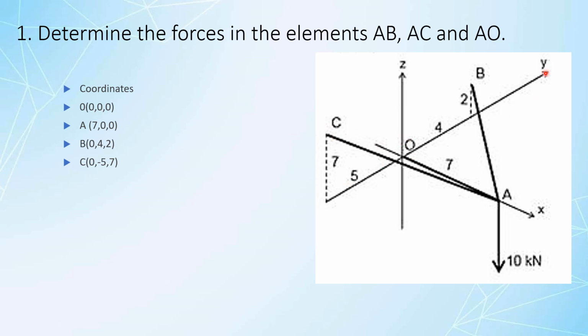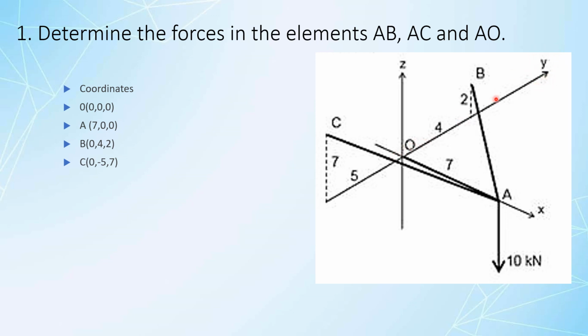Now, for y coordinate, this is the direction of y. And in order to reach the level of C, from the origin you have to move in this direction for a distance of 5. But it is given that this is the positive direction of y. It is denoted by the arrowhead or simply the letter y will be written on the positive side.